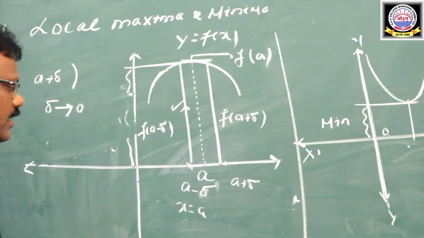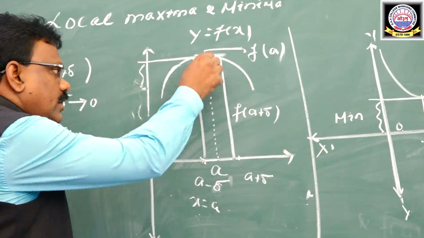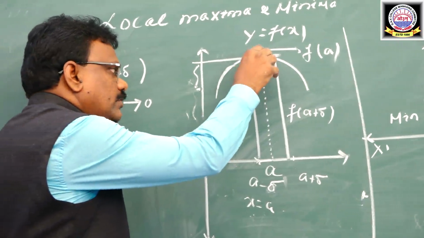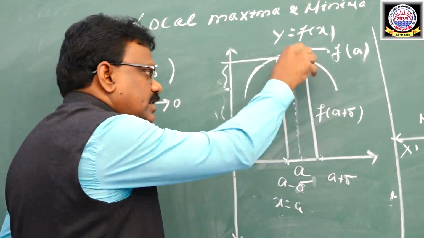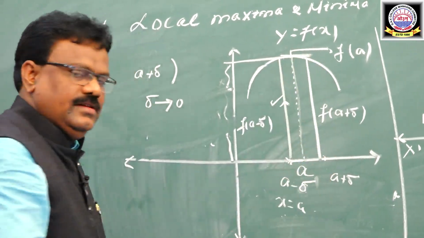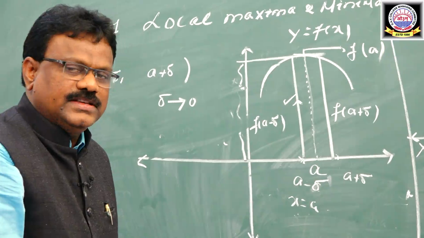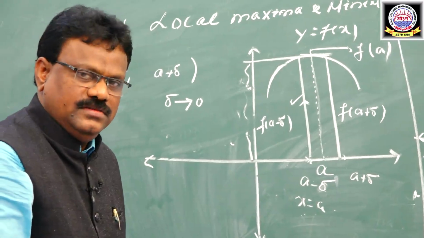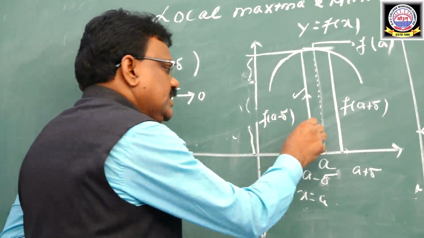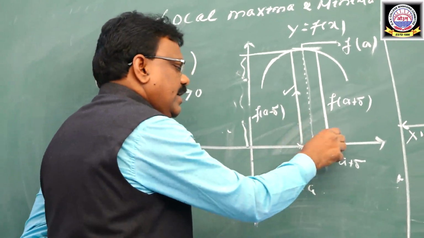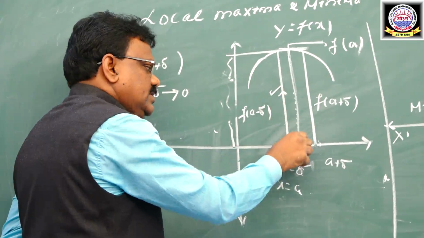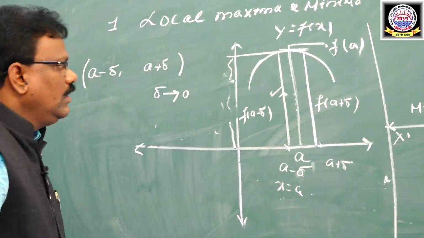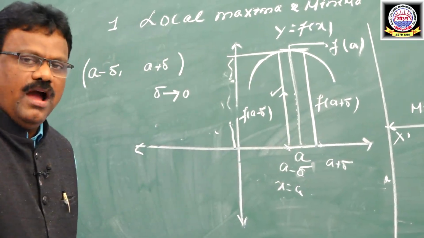Why? Before A, if you see, the height will be less than f of A. After A, the height is also less than f of A. Height means the value of the function. So with respect to this interval A minus delta and A plus delta, the maximum value exists here, and that value is called local maxima.